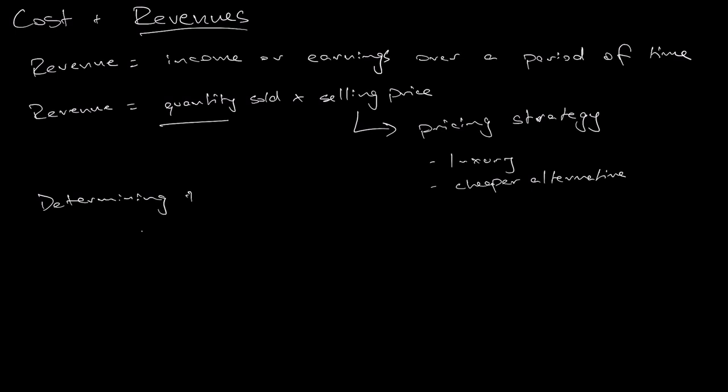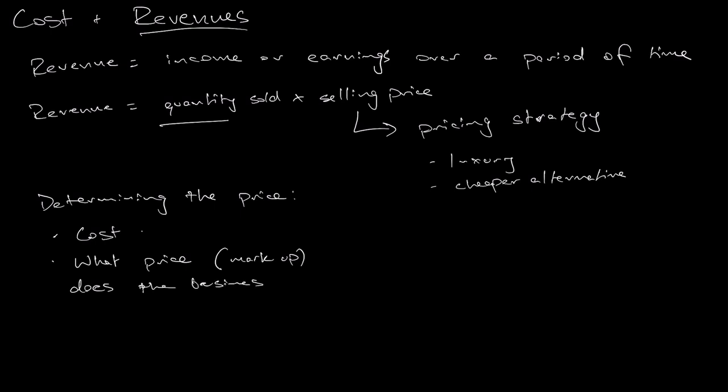determining the price of our product, we want to keep a couple of things in mind. What does our product cost? And then what price, or in other words, what markup does the business need to place in order to cover costs?